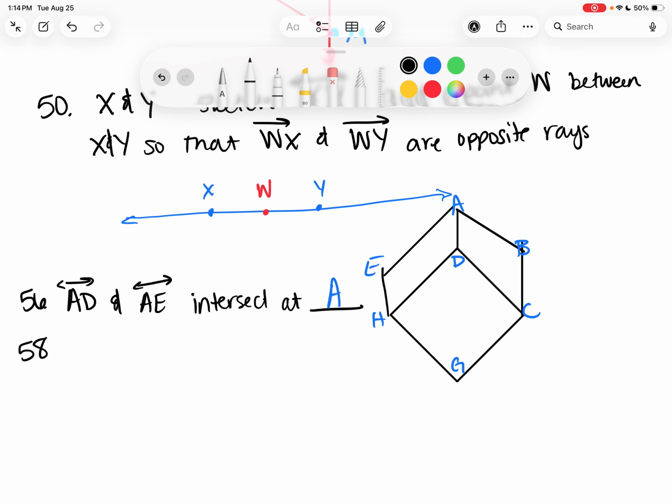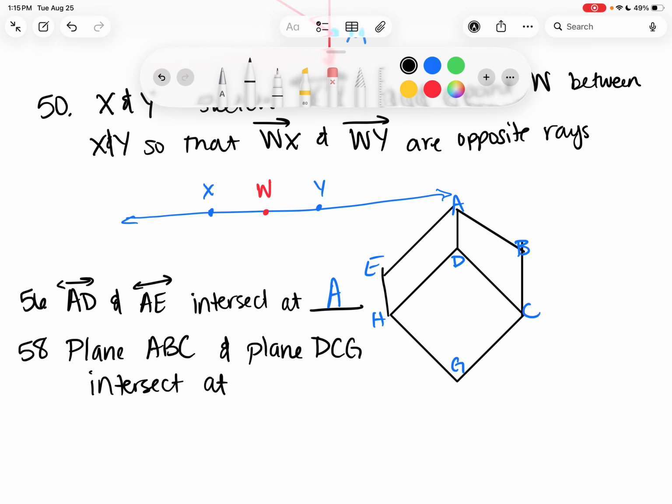58. Plane ABC and plane DCG intersect at. So planes intersect in a line, lines intersect at a point. So I need which line these intersect at. So I've got ABC, so that's in here.